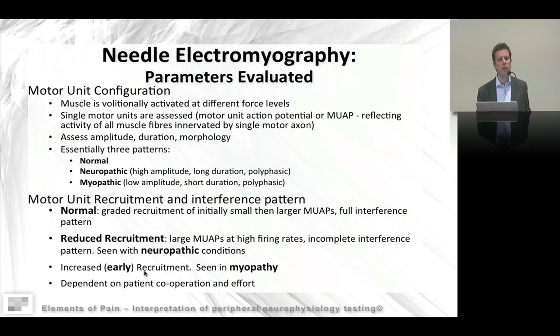Myopathic conditions are different because the nerves are intact, but what's wrong is the end organ, the muscle. Essentially, to create lower levels of force, the motor axons have to fire faster and earlier than they should to create the same level of force. So that's what we see as an early fill-up in the pattern, basically because there's just loss of the muscle fiber.